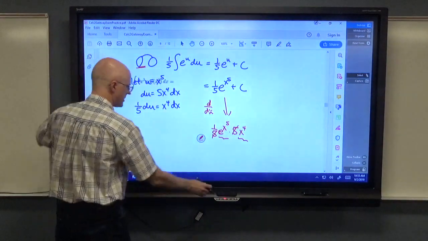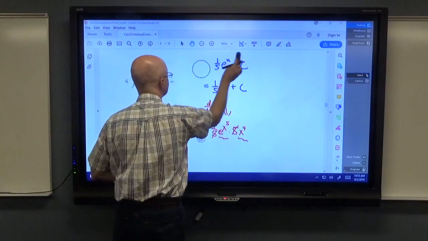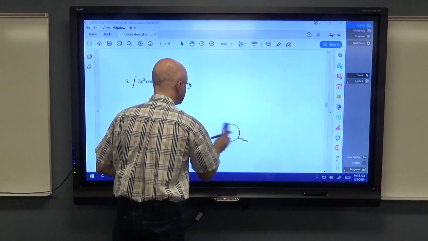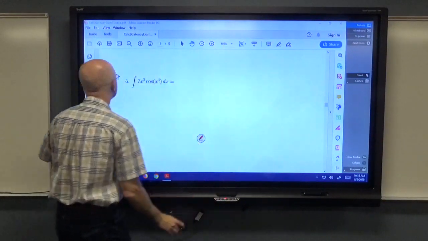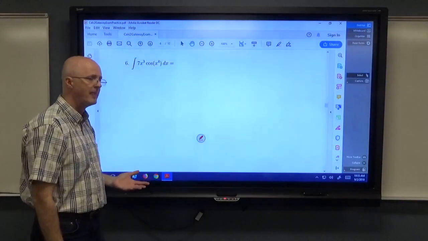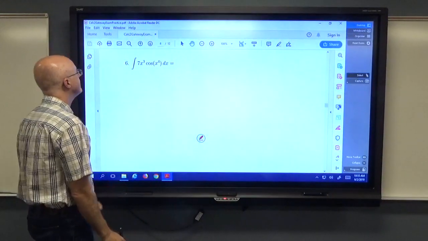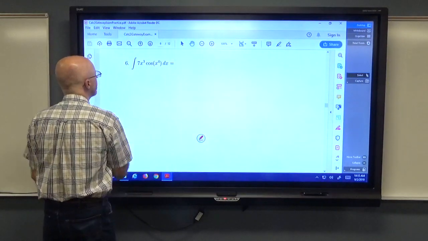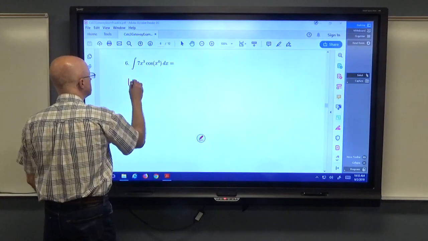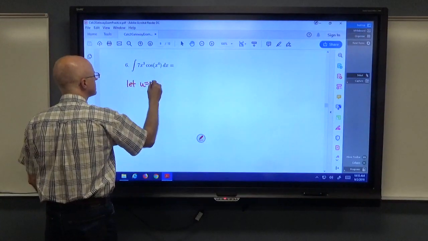This one's kind of similar, except I purposely put an extra factor of 7 in the integrand. And it also involves a trig function. Integral of cosine is something to memorize. But once again, let u be the higher power of x. In this case, x to the 4th.